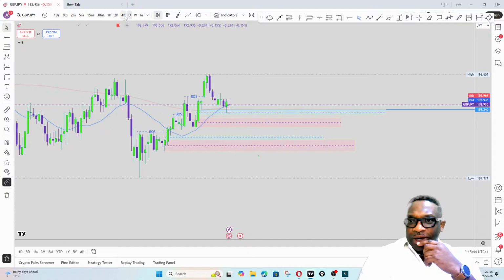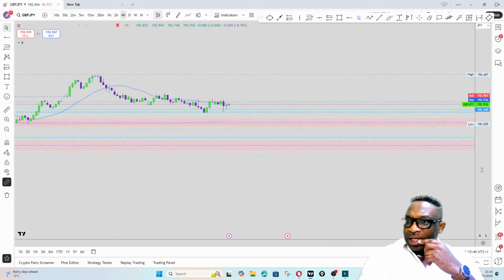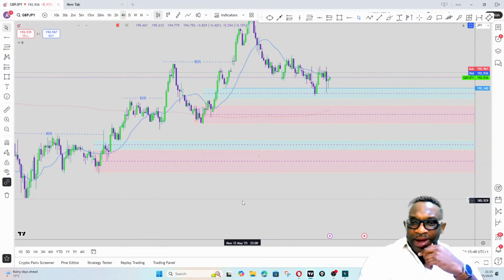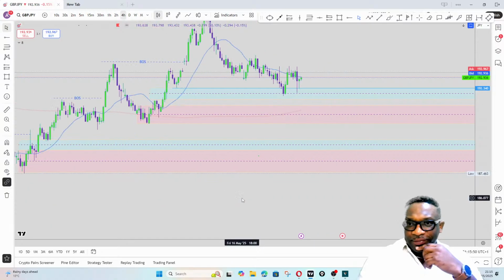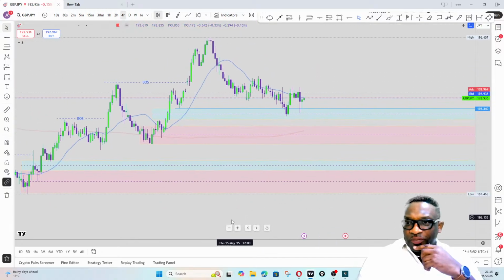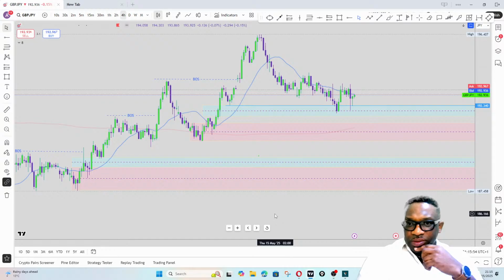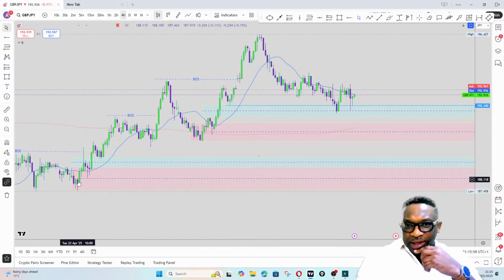So we go to the 4-hour time frame to see how we can refine this kind of movement. On the 4-hour time frame, you can see over here, after this area we marked, we had a push up which had a break of structure.